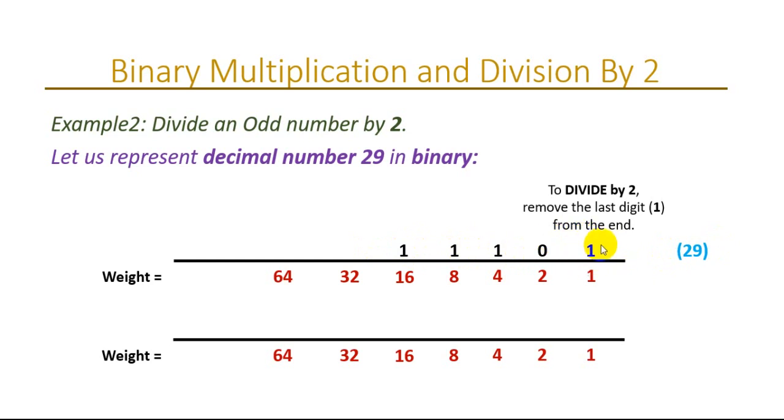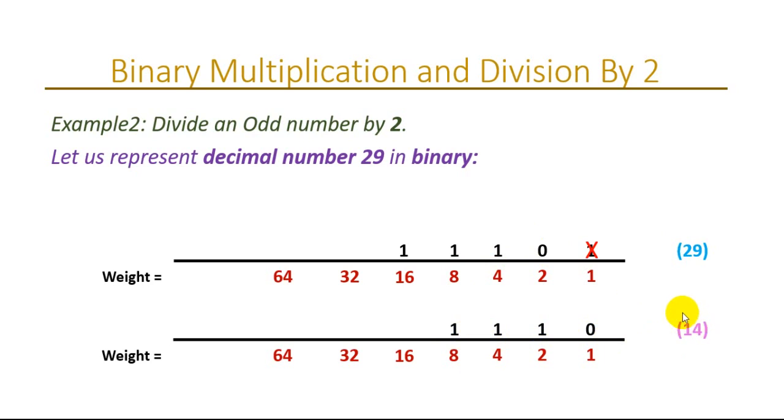Since it's an odd number, we remove that and shift everything onto this side. This will be here, this will be coming here, this will be coming here, this will be coming here. This is our final number. So this number is 8 plus 4 is 12, 12 plus 2 is 14. No ones. So 14. See, we don't get 14.5, we get 14.